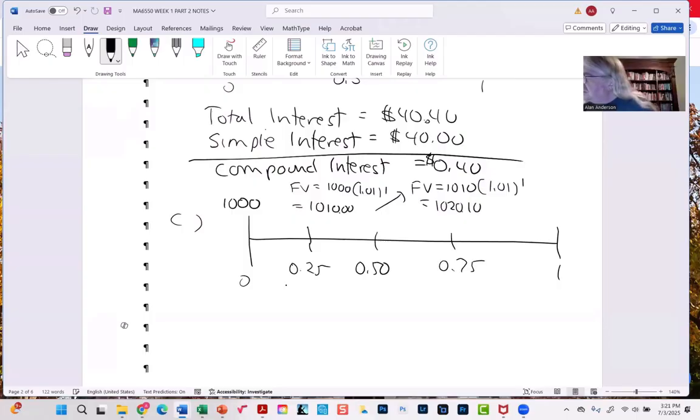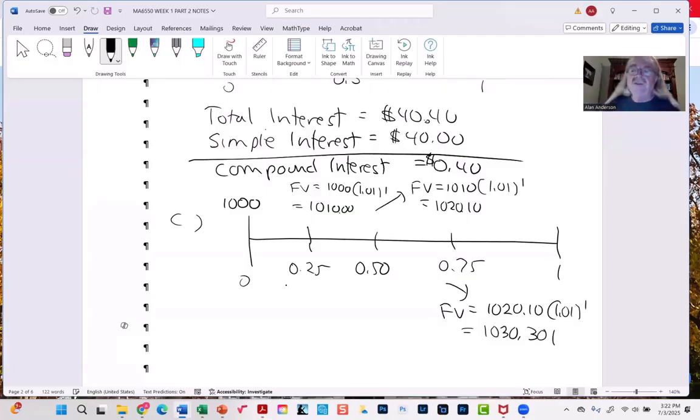And so you can see we're running out of space here. At the end of 3/4 of the year, or 9 months, that is now 1030.301. Now, normally the bank would round your interest to the nearest penny, but we want to keep all the digits just for accuracy reasons.